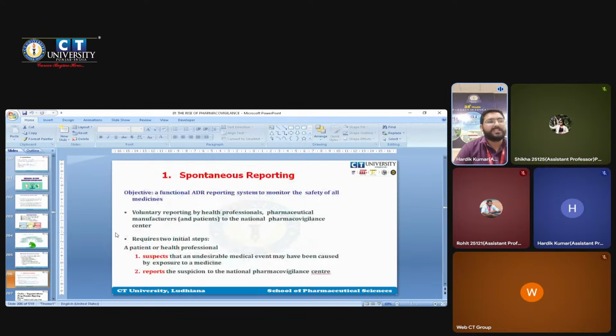In spontaneous reporting, the objective is a functional ADR reporting system to monitor the safety of all medicines, with voluntary reporting by health professionals, pharmaceutical manufacturers, pharmacists, and the national pharmacovigilance program. It requires two initial steps, the suspects and the reports.